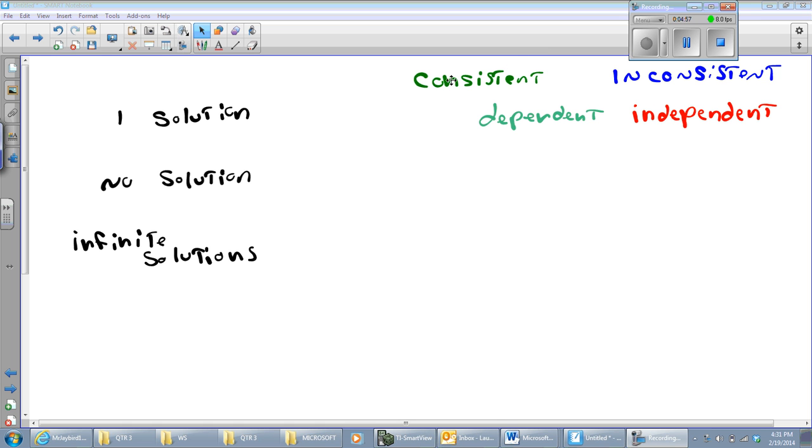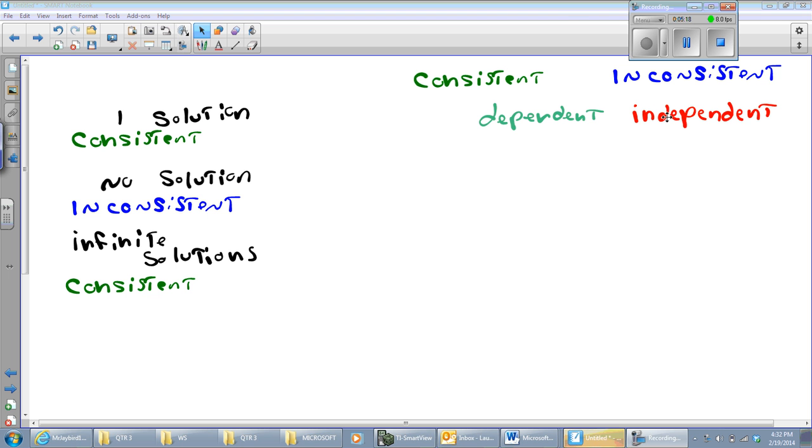When there's one solution, if there is a solution, we call it consistent. No solution, it's not consistent, it must be inconsistent, meaning not. Infinite solutions, is there at least one? Yeah, so it's a consistent system. Now, if it's consistent, it's either dependent or independent.